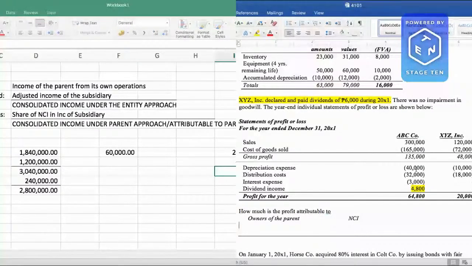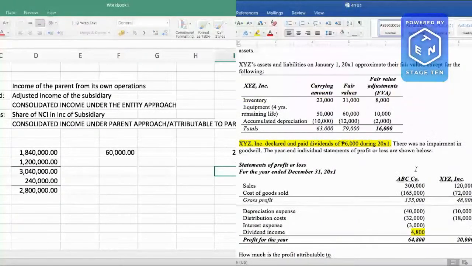Okay. So to analyze the cost of goods sold, class, in the eyes of the consolidated entity, the fair value, the beginning inventory, is understated by 8,000. It was reported by the subsidiary at 23, but the consolidated entity believes it should be reported at 31.